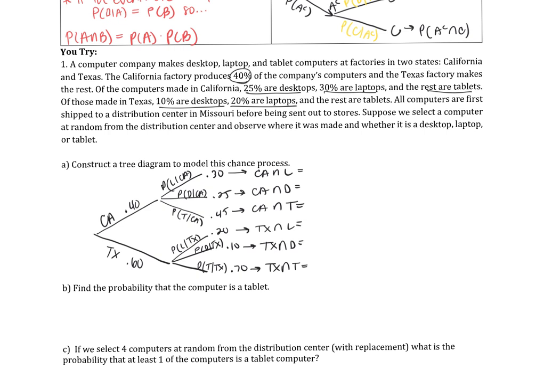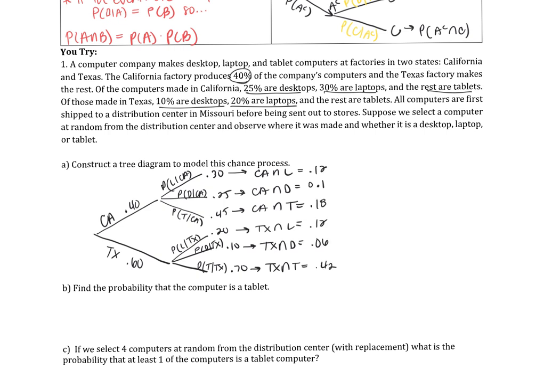And we're going to get all of these probabilities by multiplying across. 0.4 times 0.3, 0.12. 0.4 times 0.25, 0.1. And we're going to just keep going along the entire tree diagram.